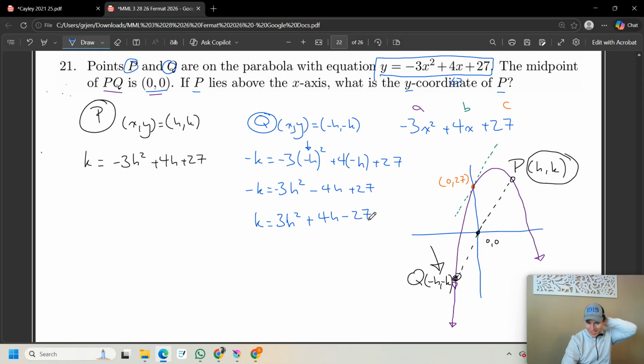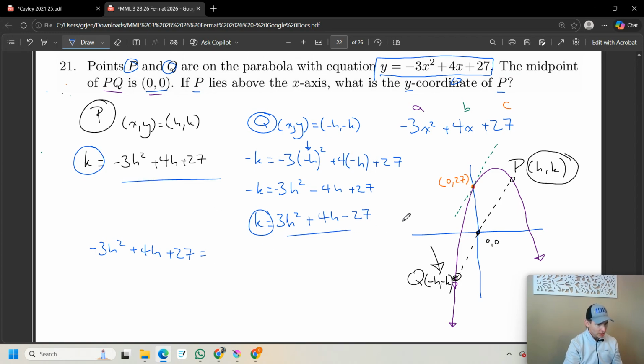All right, so now we have two different expressions for k. So let's equate them, okay? So we have minus 3h squared plus 4h plus 27, this thing, is equal to this thing, 3h squared plus 4h minus 27.